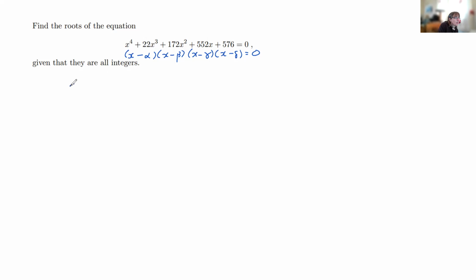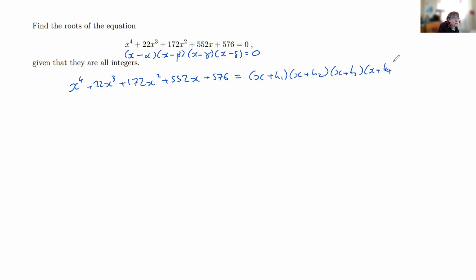So that means that we can write this in the form x plus k1, x plus k2, x plus k3, x plus k4. So k1, k2, k3, k4 are actually the negative of the roots. So we just need to bear that in mind when we get to the end of the question.